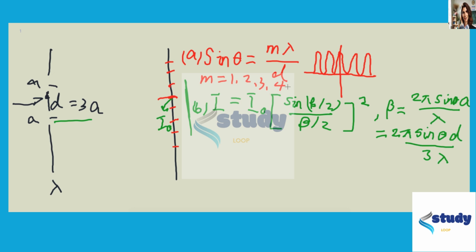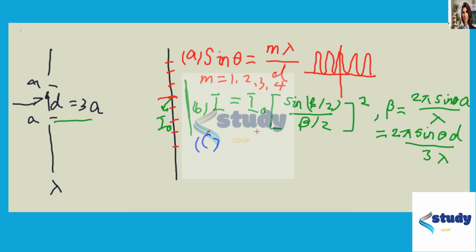We tentatively didn't consider minus 1 or minus 2, minus 3, minus 4 because they are just symmetric to those results. So in part C, we asked about what kinds of those maxima will be missing.